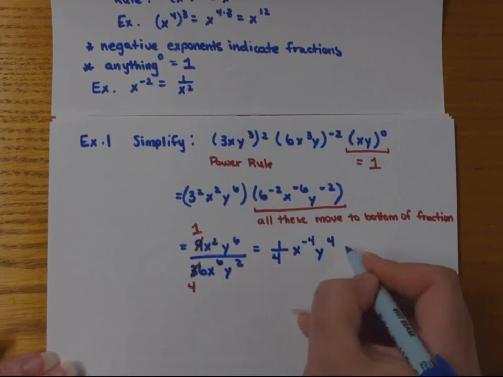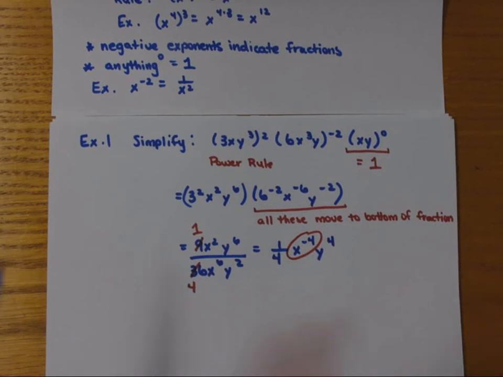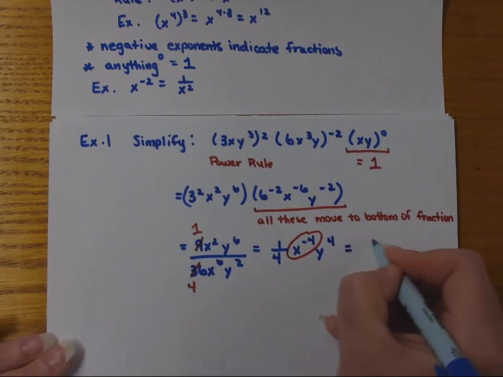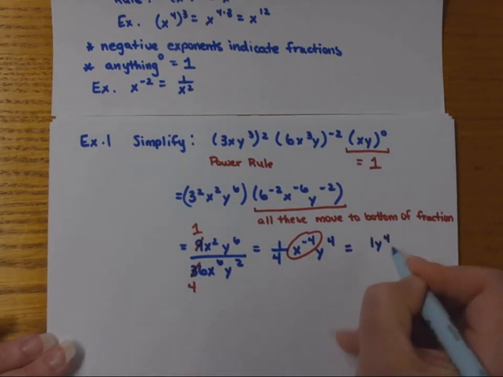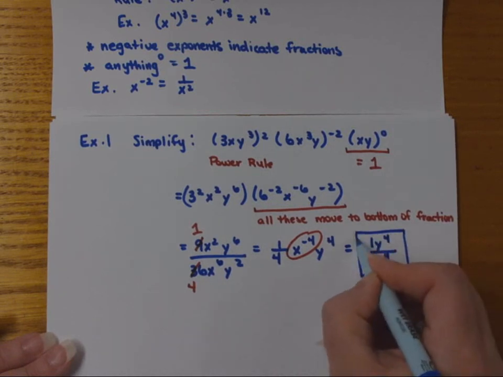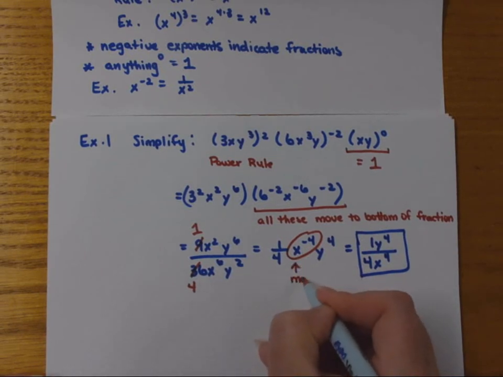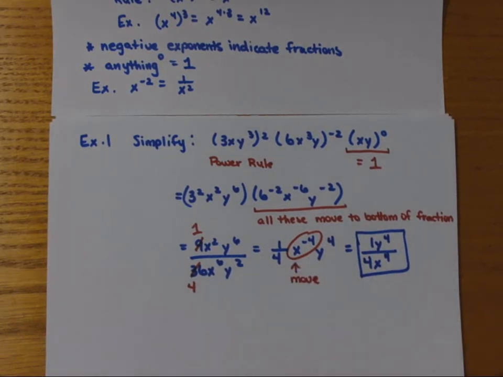Last but not least, all this means is that this needs to move back to the bottom of the fraction. So we get y to the 4th on top, and 4x to the 4th on the bottom. Negative exponents move to the bottom of the fraction, so I'm just going to say move there.